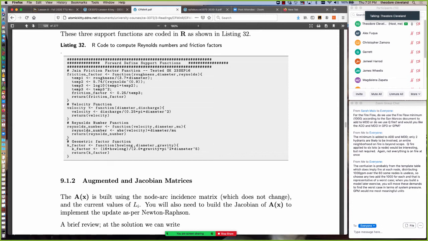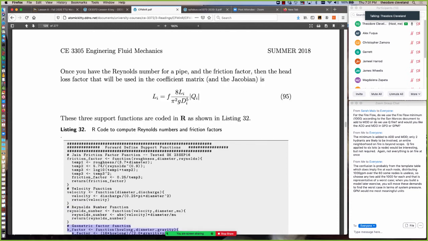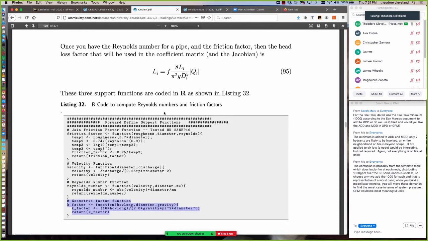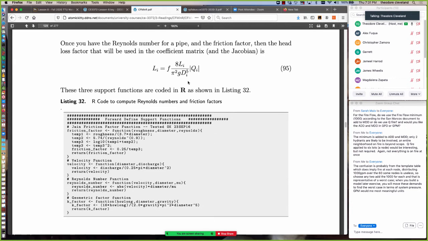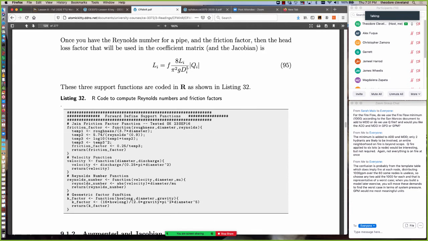And lastly, I call this the geometric factor function. And the geometric factor is, get this right, it won't let me highlight it. It's the 8Li over pi squared g D to the fifth right here.